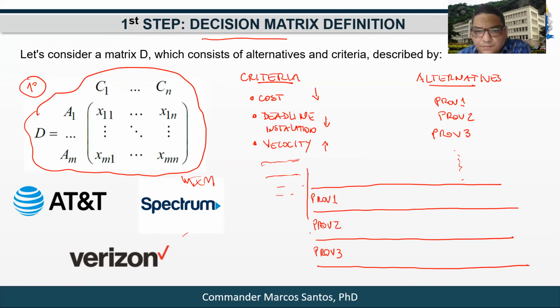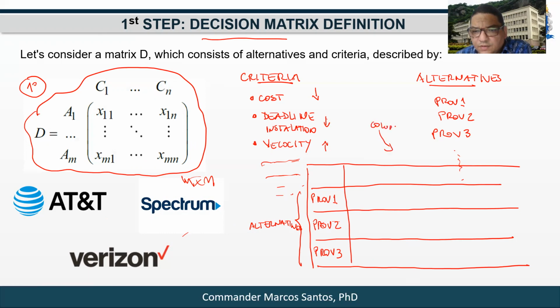Here in the rows, we have the alternatives. And here, in columns, we have the criteria.